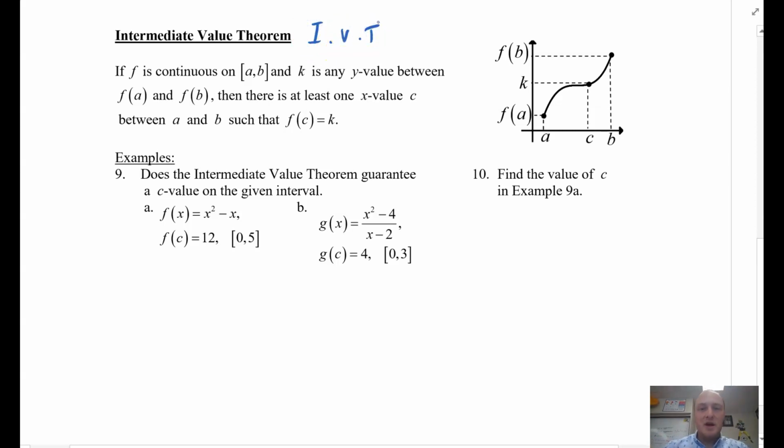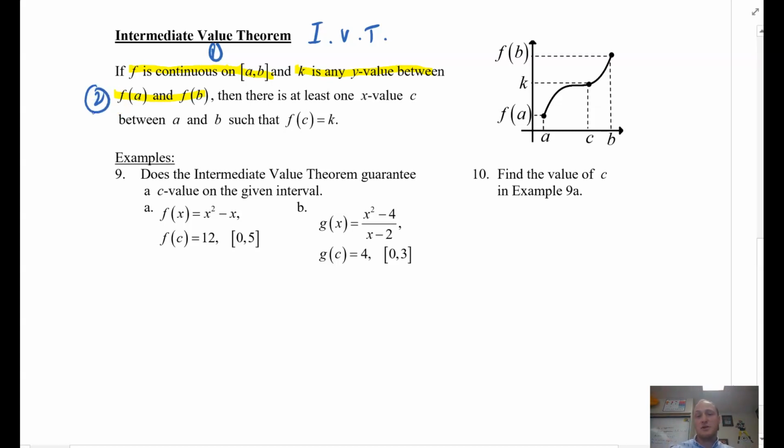So the intermediate value theorem, again abbreviated the IVT, says that if f is continuous on the closed interval a to b, then there exists a k value between f of a and f of b. This is the second condition.